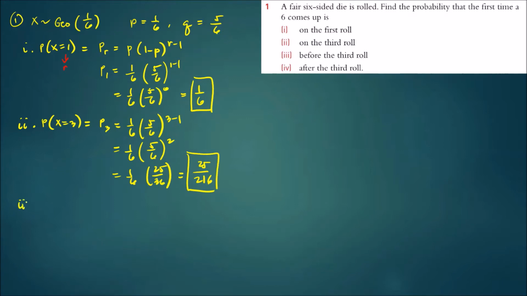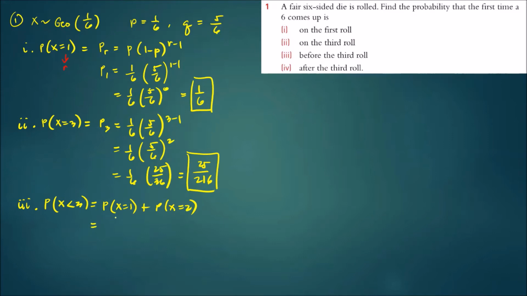Then for III, we're looking for the probability that a 6 will come up before the third roll. That's the probability that X is less than 3. In finding this, we need the probability that X is equal to 1 plus the probability that X is equal to 2. 3 is not included, so we'll stop at X is equal to 2.